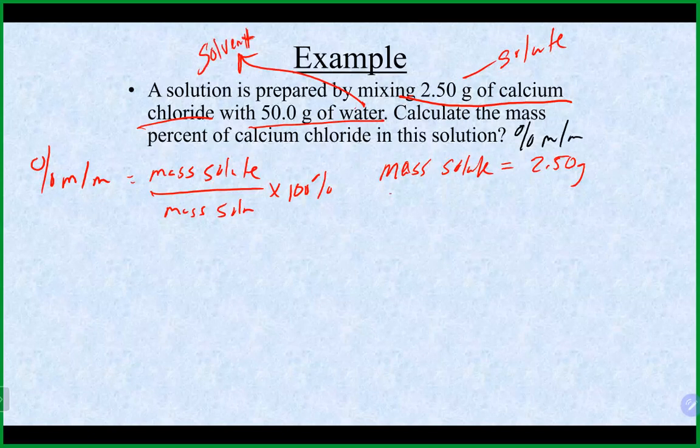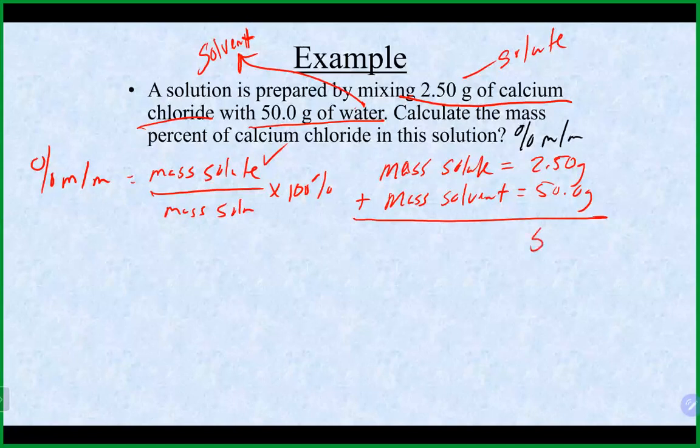And that means that we have 50 grams. So we do have the mass of the solute, but we do not have the mass of the solution. We need to add those together to get the mass of the solution. That's going to give us 52.5 grams as our mass of solution.